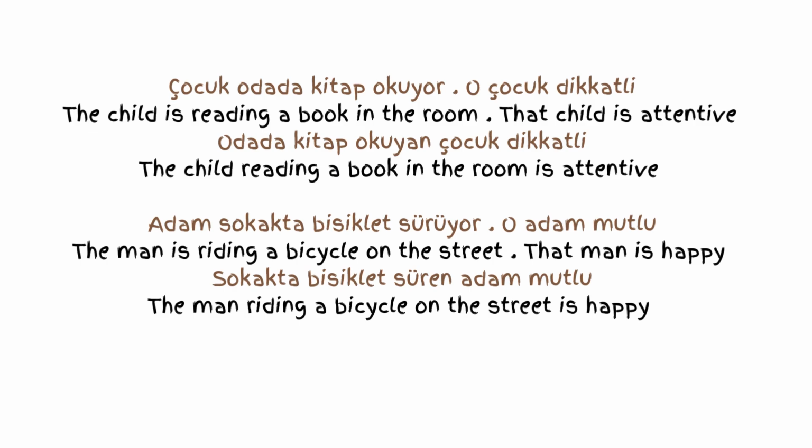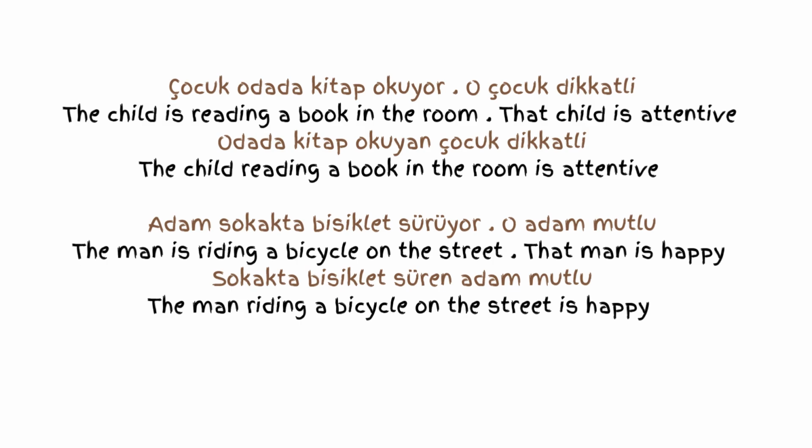Adam sokakta bisiklet sürüyor. The man is riding a bicycle on the street. O adam mutlu. That man is happy. Let's talk about that man that is riding the bicycle on the street is happy.